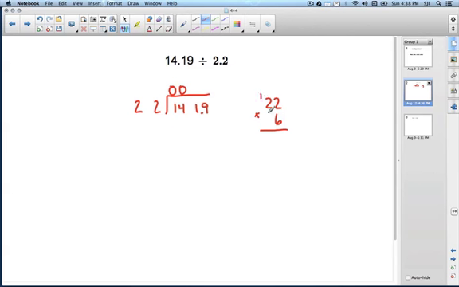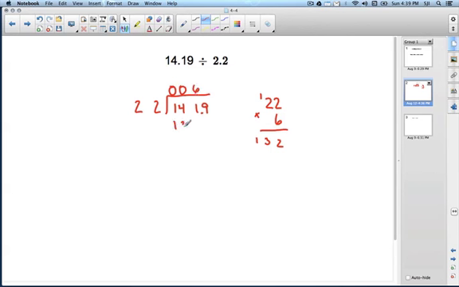And I'm going to do my multiplication here. And I get 132. Well, if I added 22 more, I would get a number over 141. So 6 was a safe estimate. So that means 22 goes into 141 6 times.